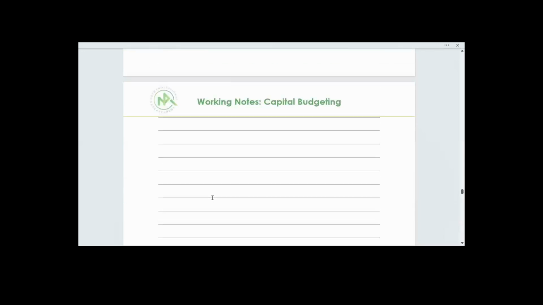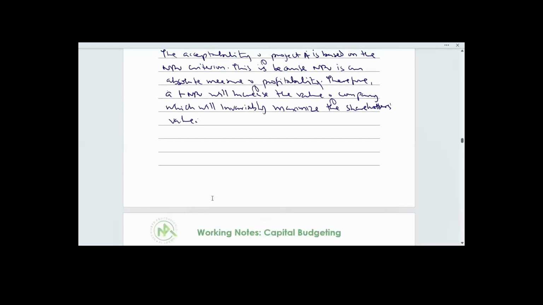So 3, 4, 5, 6, 7, 8, 9, 10. Okay, additional 10 pages. All right, so may not be up to that.